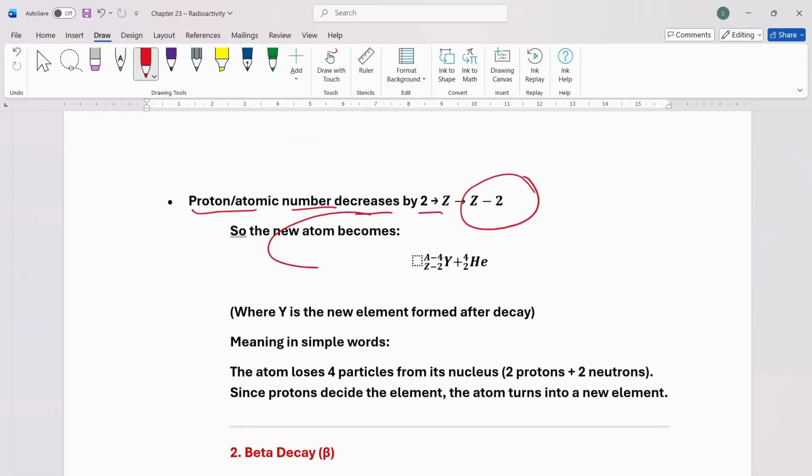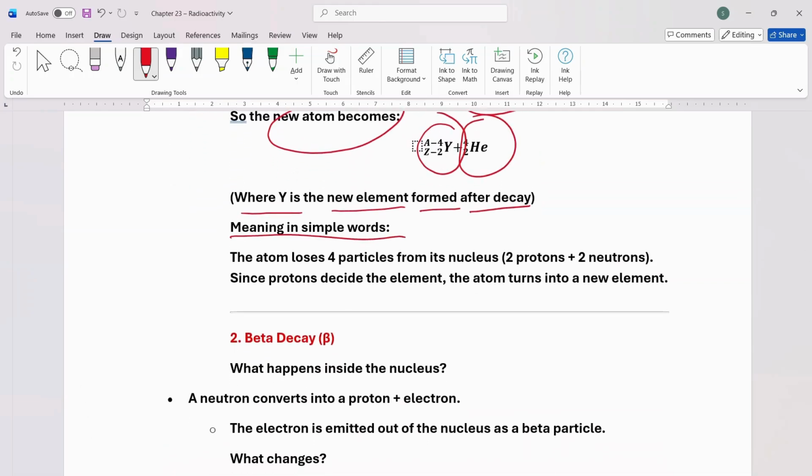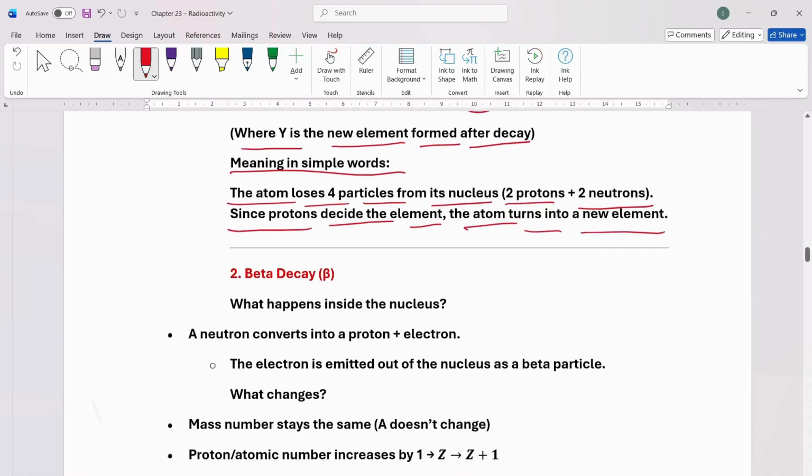From the atomic number and mass number you can see the values decrease, plus helium 4, 2 is also released, where Y is the new element formed after decay. In simple words, the atom loses 4 particles from its nucleus, 2 protons and 2 neutrons. Since protons decide the element, the atom turns into a new element.